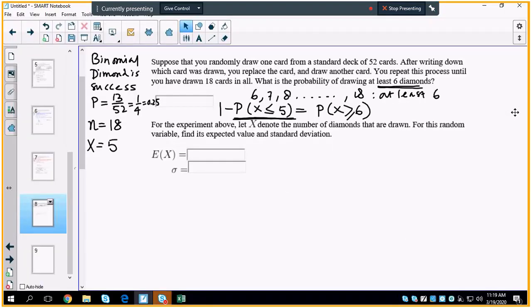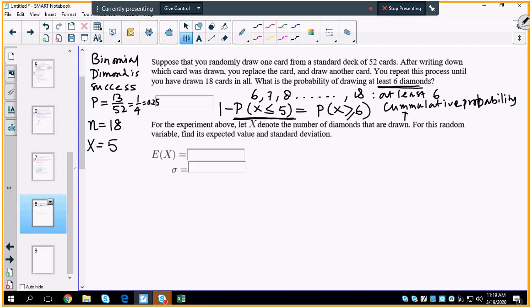So I say cumulative probability is probability x less than or equal to 5. All of them I have calculated and added all together is whatever we got from the probability distribution table.